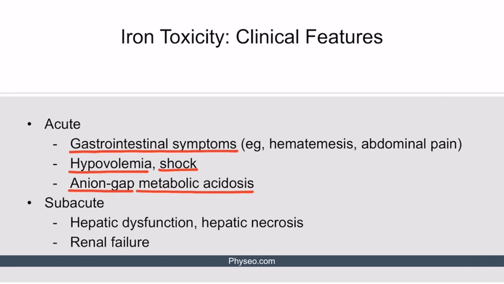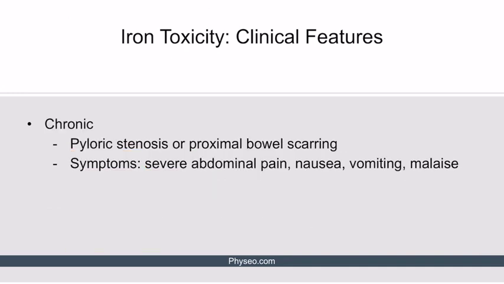So I for iron in MUDPILES, and it can also cause lactic acidosis, the L in MUDPILES. Now, if iron is allowed to persist in the GI tract and spread systemically, it can accumulate in the liver or kidneys, leading to hepatic dysfunction or hepatic necrosis, and also renal failure. Chronically, iron ingestion can result in pyloric stenosis or proximal bowel scarring.